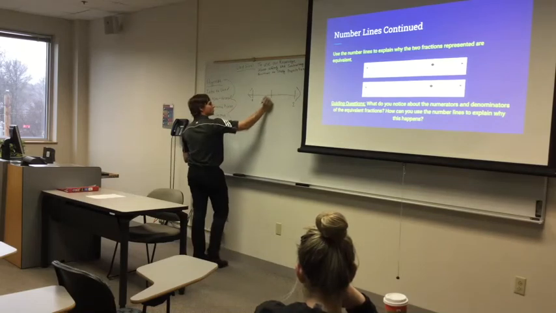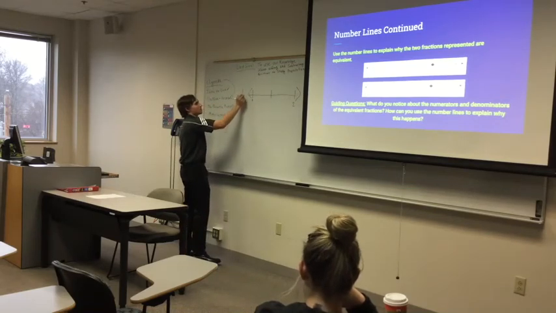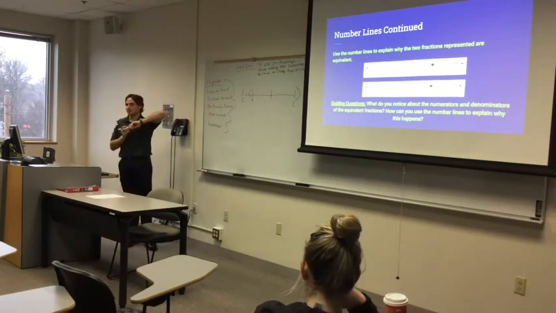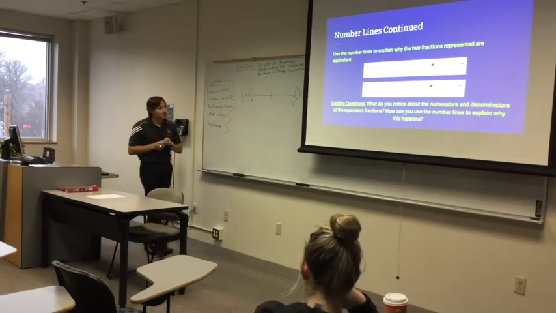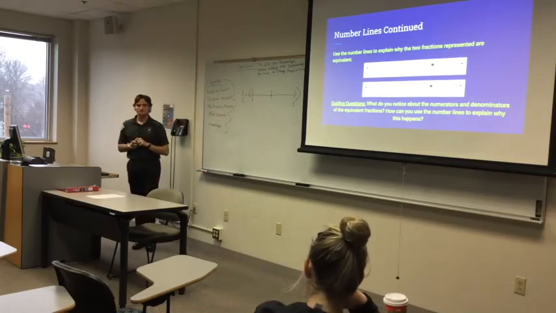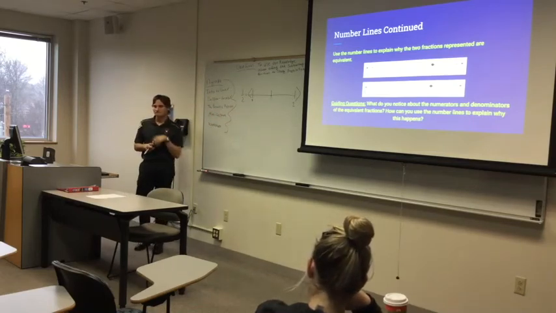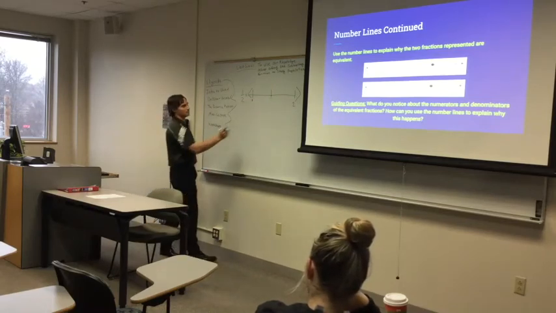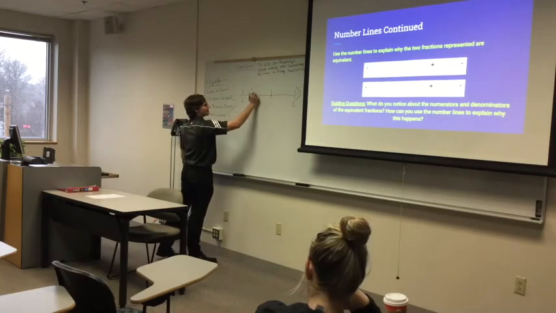Okay, we have a number line representing 1/2. How could I manipulate that number line so that the dot stays in the same place, but the number line changes? What can I do? Put 4 tick marks in between each of those.